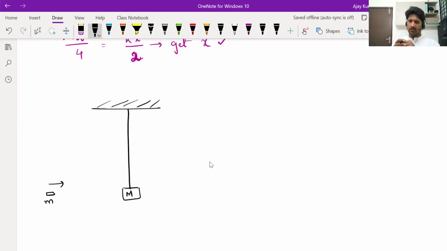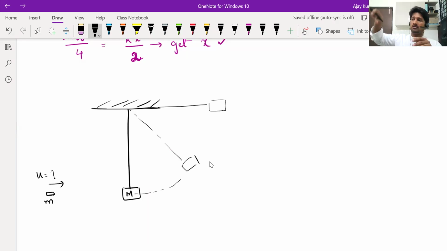So you may be asked to what extent the block will swing, or you may be asked what should be the speed of the bullet such that the block goes at least till this position. So it's a combination of momentum conservation, energy conservation, concepts of motion in a vertical circle also.